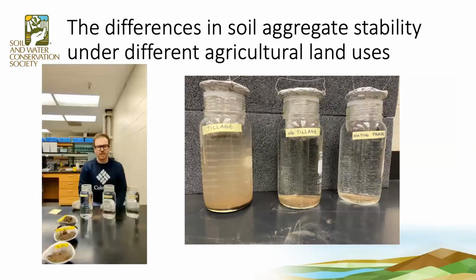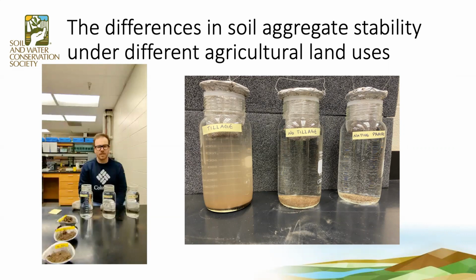And here is a video of a really simple experiment that I'll be showing you with 3 different land use soils. One of them is native prairie, a soil that was never under tillage, a soil under no tillage but that was previously tilled in the past, and a soil under a full conventional tillage system.